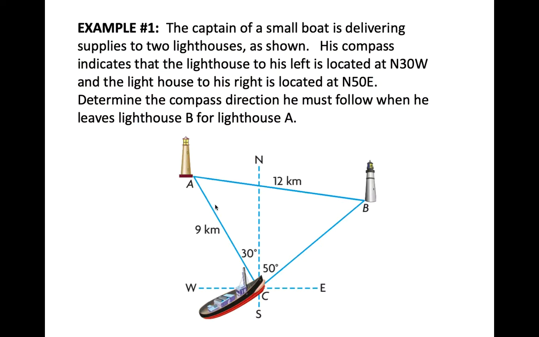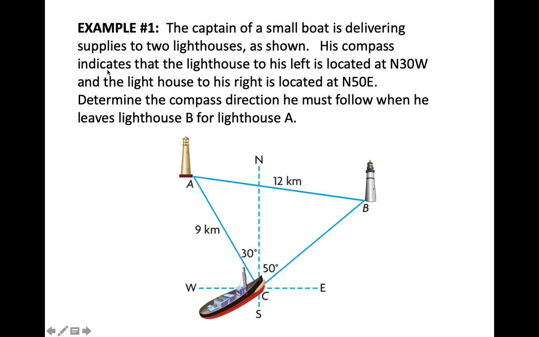So here's a question that we worked on as well in class. Take a few minutes to read it. You'll notice that they've actually drawn you a diagram already. Basically, what they're saying is that this boat needs to deliver supplies to Lighthouse B and Lighthouse A. It shows you some distances between things, and they also tell you the directions, compass bearings.